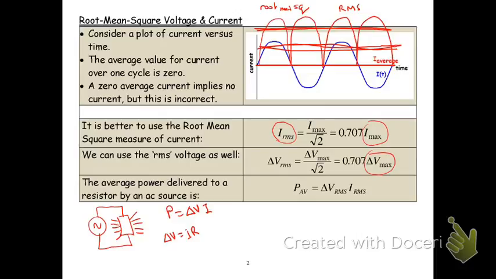I can use my maximum current, and that will give me my maximum voltage. Or I can use my root mean square current, and that will give me my root mean square voltage. But if I try to use my maximum voltage and my maximum current, I don't get the maximum power.